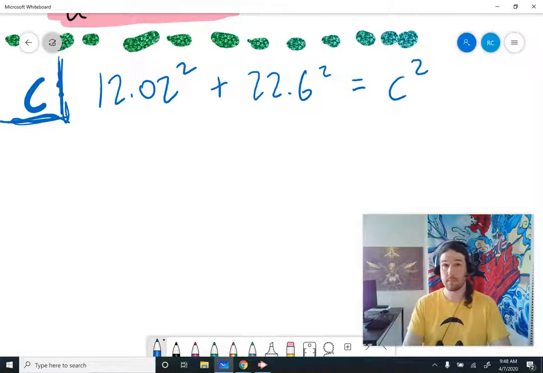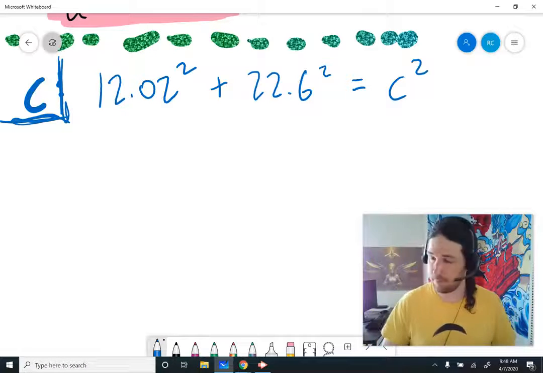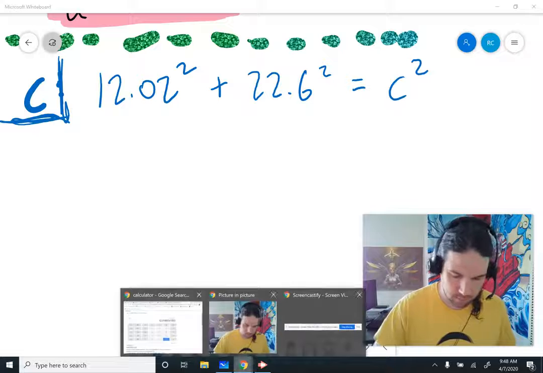Yeah? 12.02 is what we solved for the shorter leg. 22.6 is the longer leg, which we had. So, Pythagorean theorem. Let's move back over to the calculator.